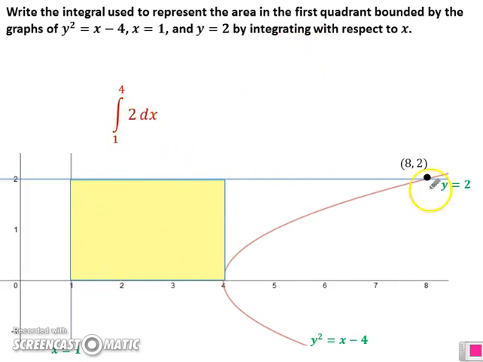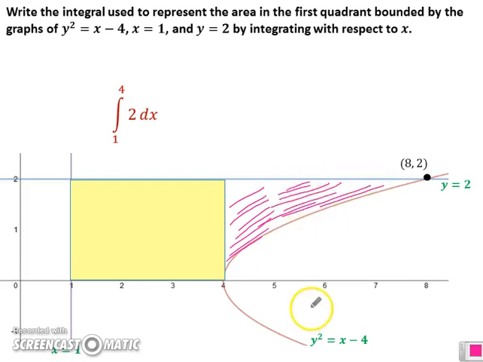Okay, so now let's talk about this section, because now we have to find the area of this piece here. And now for this piece, we have to find top curve minus bottom curve.